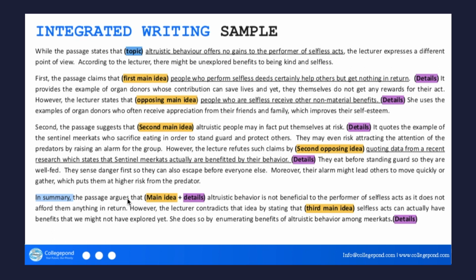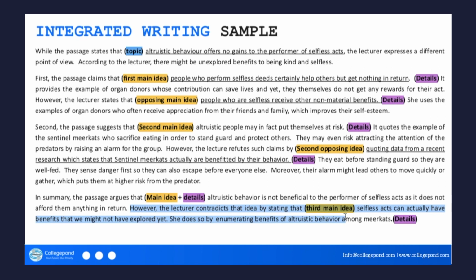The passage argues that altruistic behavior is not beneficial to the performer as it does not give them anything in return. So this part, not beneficial to the performer, is the main idea, and as it does not give them anything in return is the detail part that you are clubbing together in one sentence. And then in the next sentence, you are giving the lecturer's opinion. The lecturer contradicts that idea by saying that.